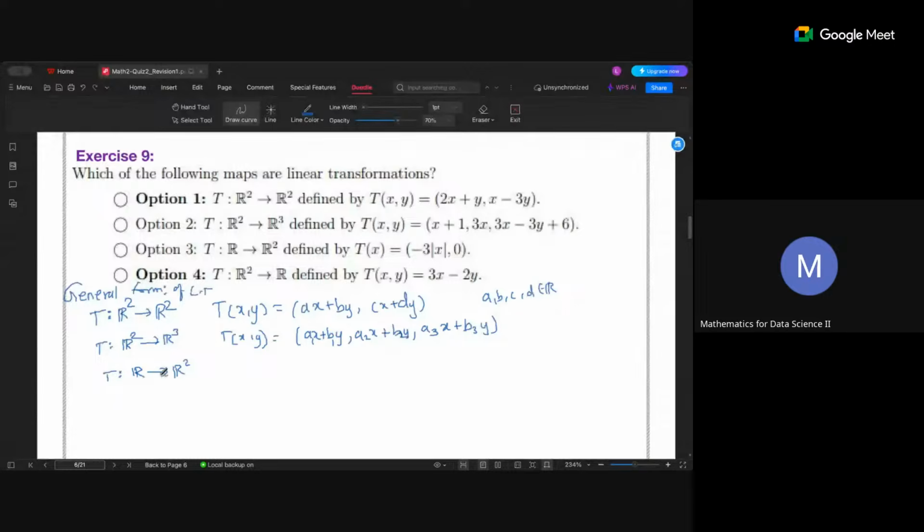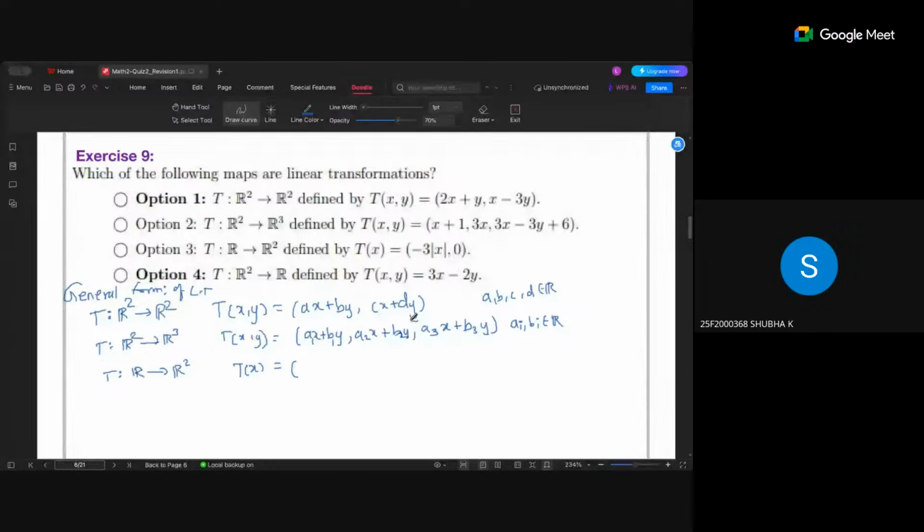Okay, now can you say what is the general form for T from R to R2? I have given some examples here. Based on this, can you try what this can be? AX plus B? There is no Y here.